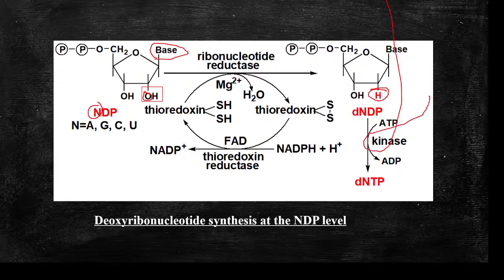So the NDP is converted to dNDP, that is deoxynucleoside diphosphate, by removing this oxygen, and this is converted to the nucleoside triphosphate by the action of a kinase enzyme. Here it requires ATP.